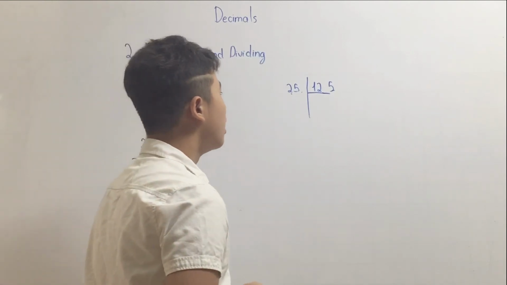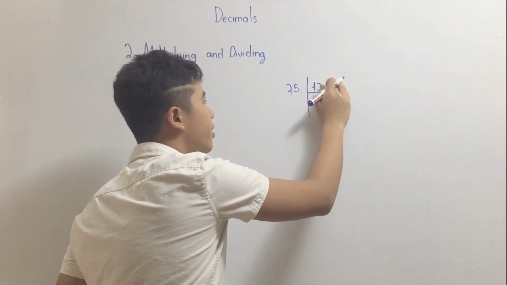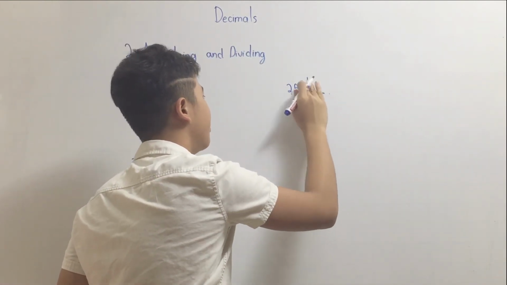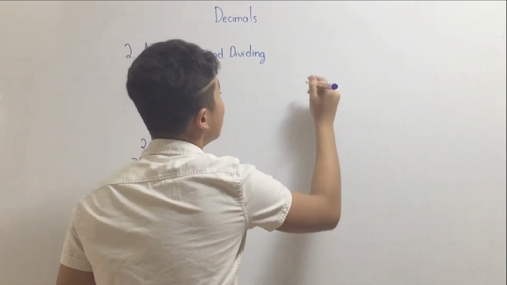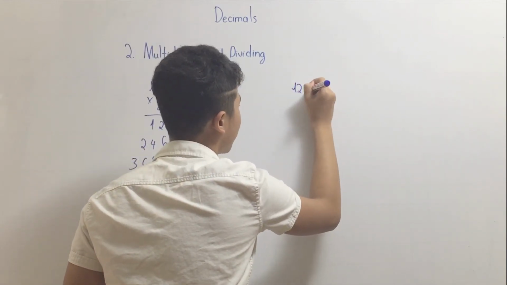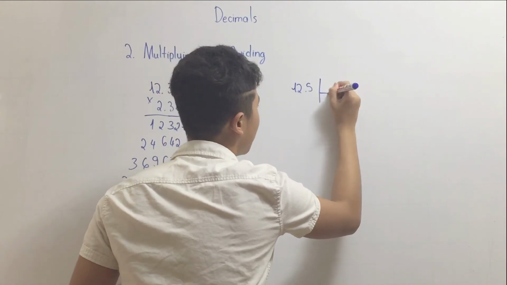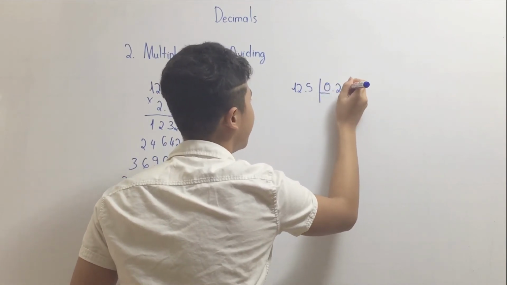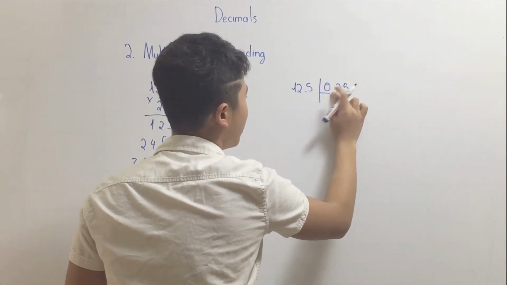Actually, let's do a better one, because this is a little bit too big. Let's take 12.5 divided by 0.25 and do the same thing.